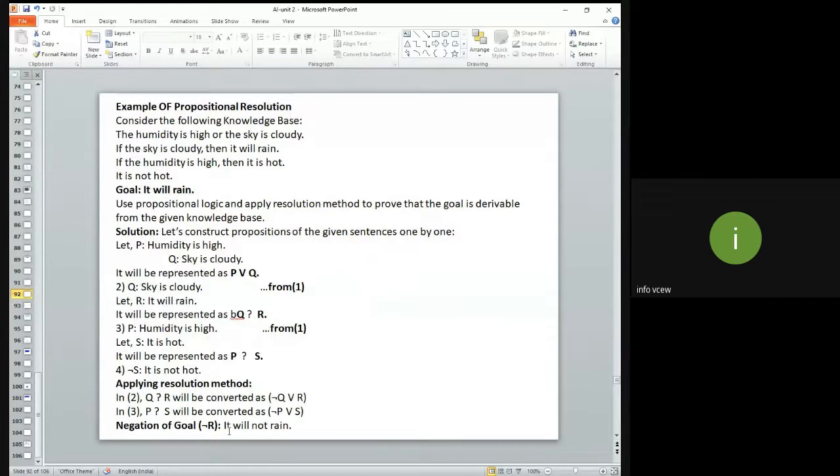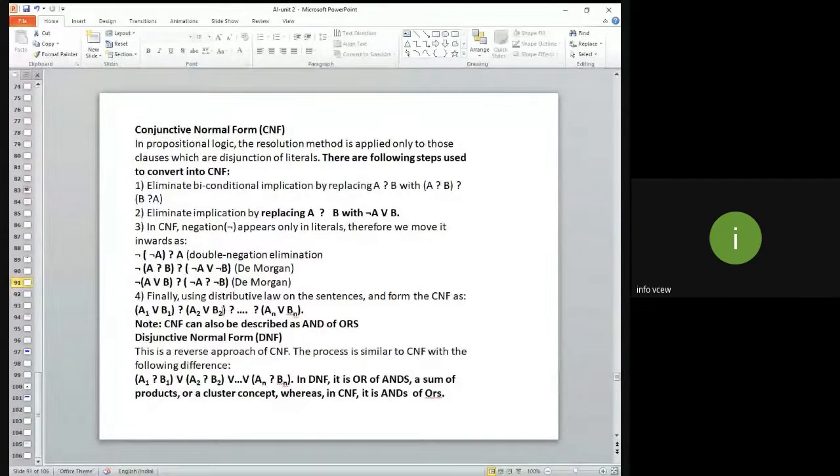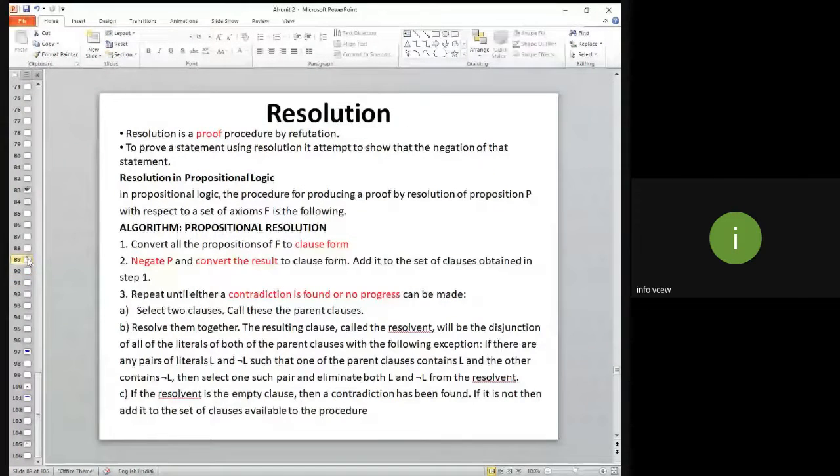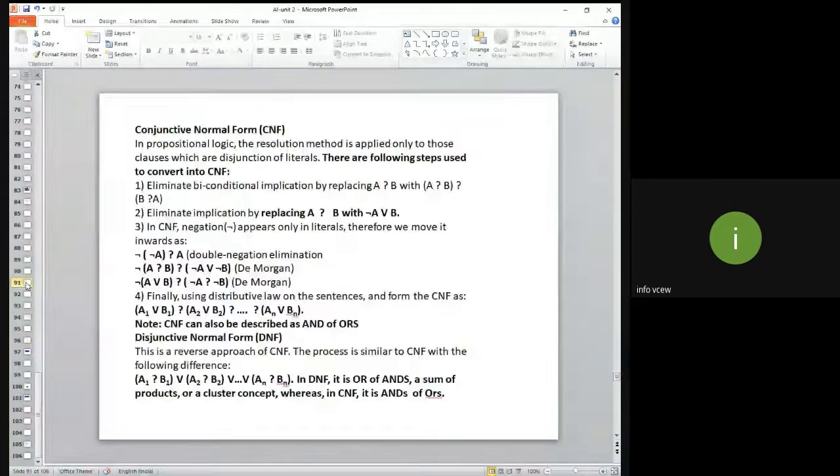Negation of R. But in the CNF, if you are getting the null, the proof by refutation சொல்லியிருப்போம் பாருங்க, contradiction is found or no progress. Contradiction found பண்ணனும், அப்படி இல்லைனா no progress, that is a resolution. Now you are proved, is that right? Contradiction find பண்ணிட்டு now you are proved null set. So the goal is achieved.